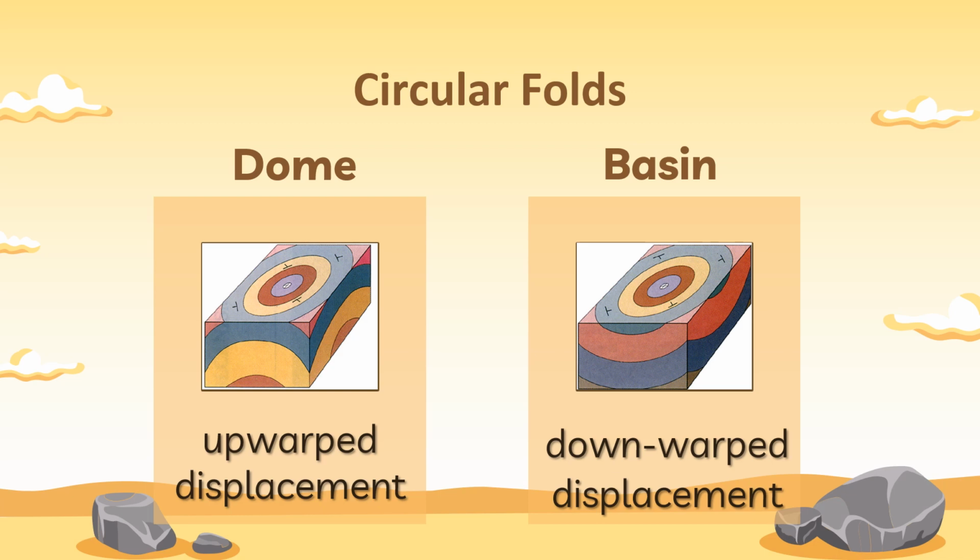We have two, the dome and basin. Dome is a curved formation or structure, an upward displacement, and basin is a depression or dip in the Earth's surface, a downward displacement.